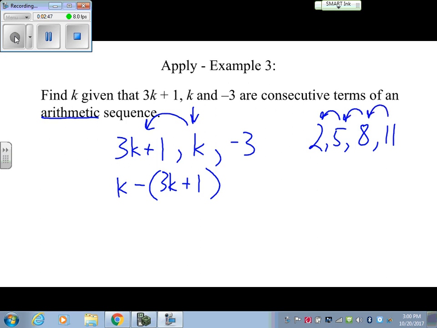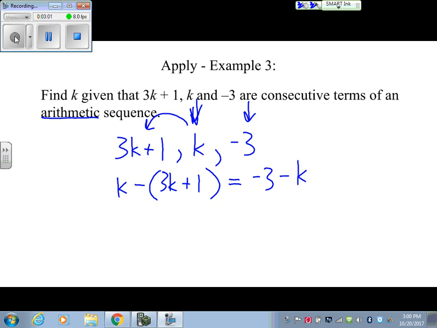I'm always getting that same common difference. On this problem, I don't know what the common difference is, but I know that if I subtract backwards starting with this second term, k, it should be equal to the same thing as if I start with my third term, -3, and subtract my second term, which was k.